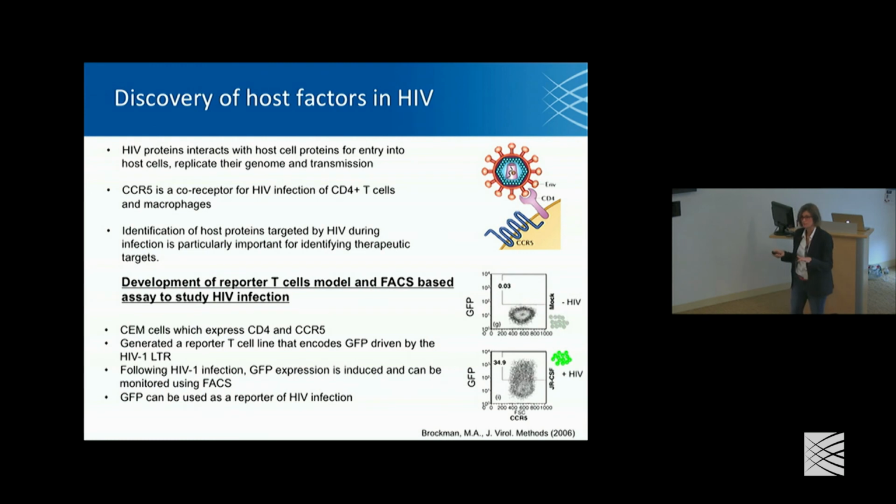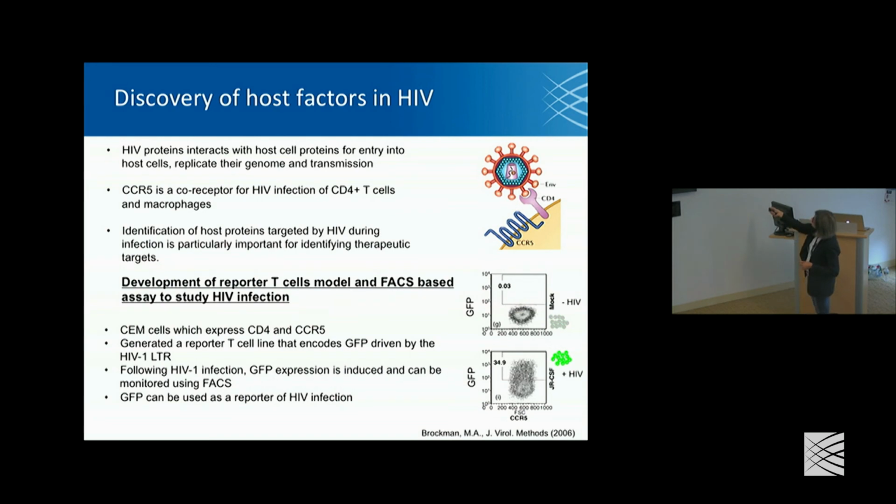Now I want to move away from the viability assays and talk a little bit about the FACS-based screen you can do in a pool screen. And in this screen, the aim was to find new therapeutic targets for HIV. So in HIV, the proteins interact with the host cell proteins for entry into the cells, for the replication, and for the transmission.